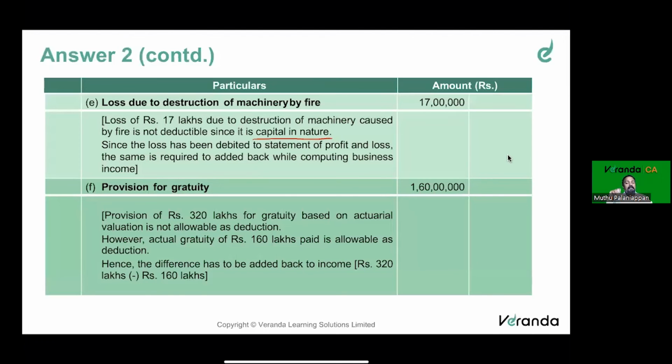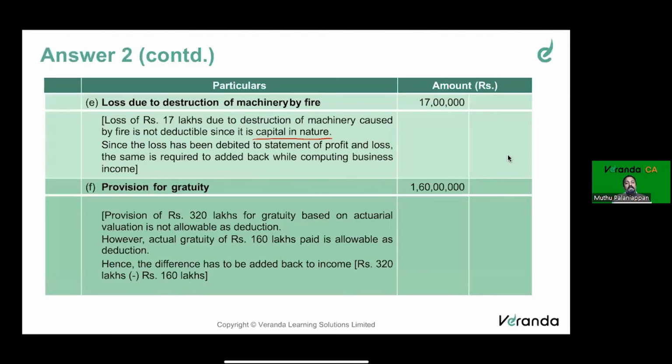We said it can be recognized only in two circumstances. One, the entire block was sold. Second, the WDV is nil or going into the negative. Only then can you calculate profit or loss in that particular block of asset. Else, you should not recognize it. So being capital in nature, this 17 lakhs is disallowed.